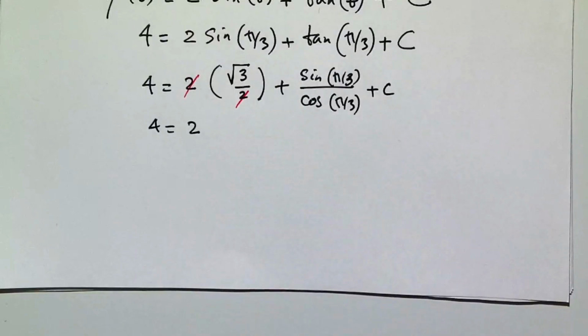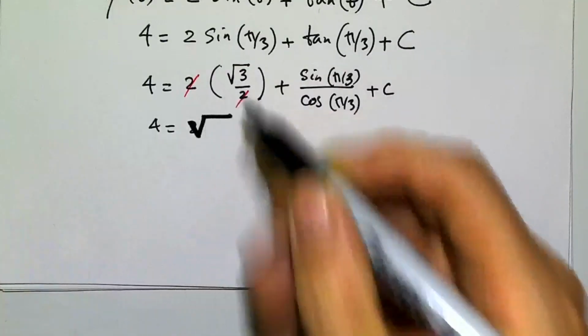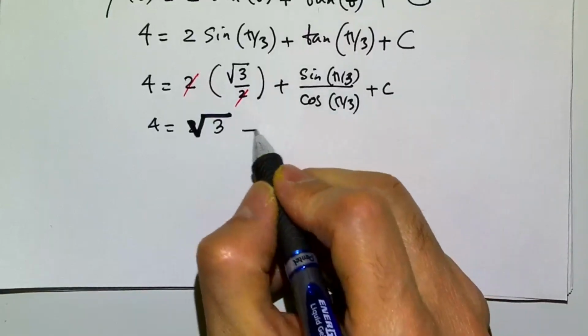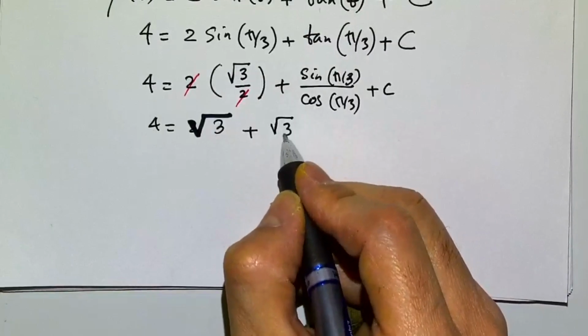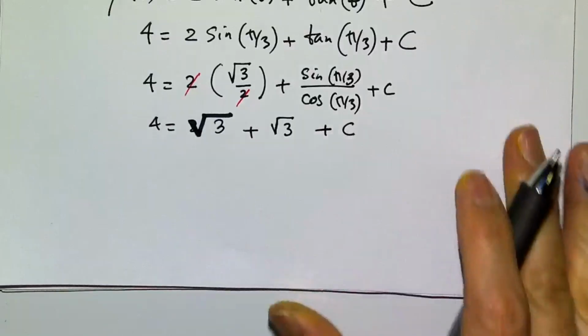So we'll get square root of 3, plus another square root of 3 from here, and plus c. So what do we get?